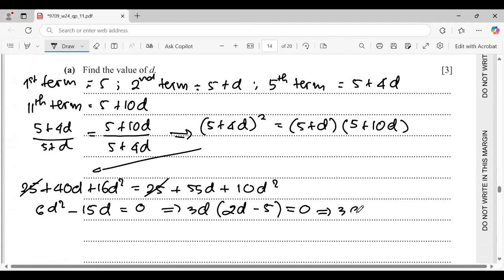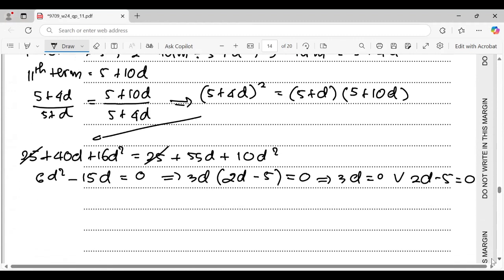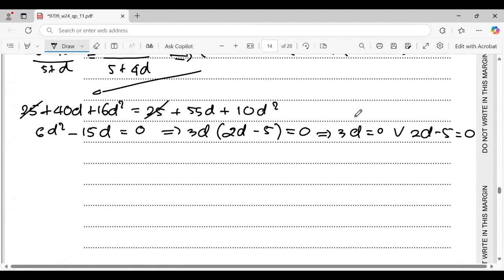So 3D equals 0 or 2D minus 5 equals 0. So through this statement D equals 0, or through this statement D equals 5 half. So we're using this result, D equals 5 half.